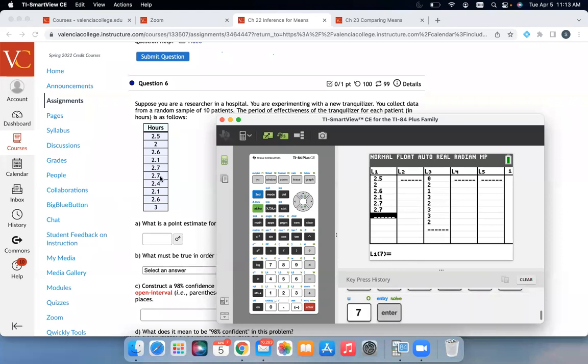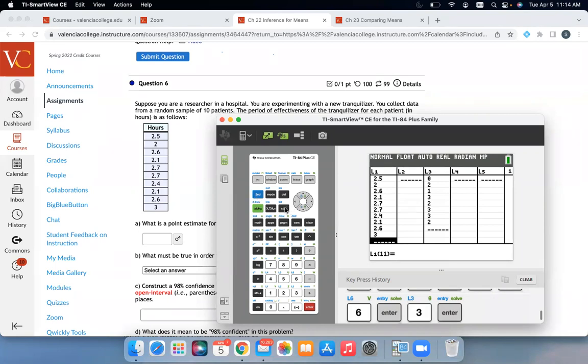If we have repeats, we've got to make sure we type them all. .6 and 3. Order doesn't matter here. If you accidentally mess up and you forget one, you can put it at the end. I like to count. So I've got 1, 2, 3, 4, 5, 6, 7, 8, 9, 10. And I typed in 10 numbers. So hopefully I typed them all right.